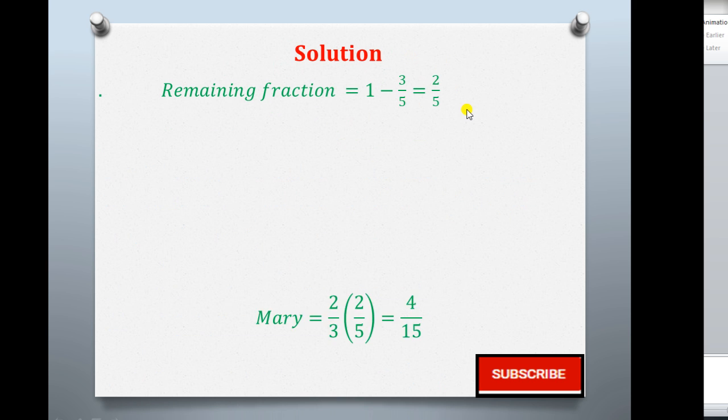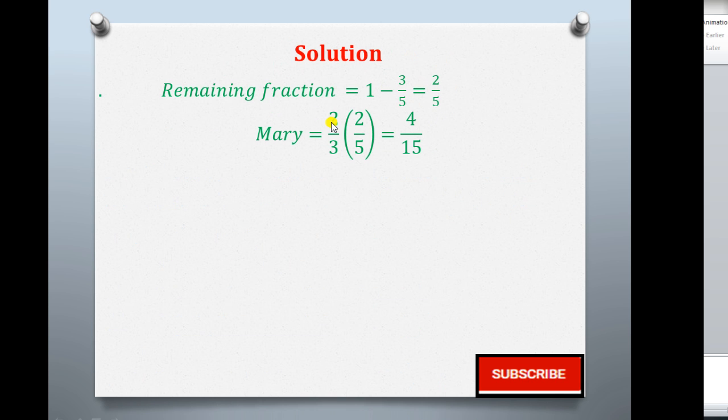And that gives you 2 out of 5. But remember, they said Mary contributed 2 out of 3 of the remainder. The remainder, remember, was the 2 out of 5 in terms of a fraction. So when they say of, it means multiplication. That is why I'm getting 2 out of 3 multiplied by 2 out of 5. And that gives us 4 out of 15.